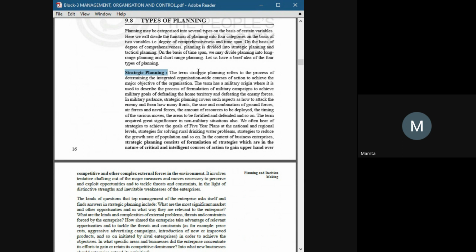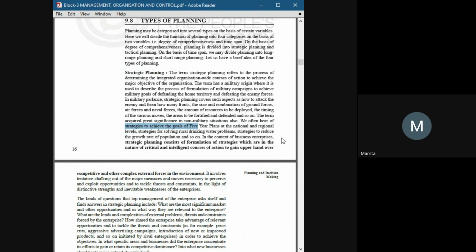The term strategic planning refers to the process of determining the integrated organization-wide course of action to achieve the major objectives of the organization. We often hear of strategies to achieve goals of 5 year plans at national and regional levels, strategies for solving rural drinking water problems, strategies to reduce the growth rate of population, and so on.